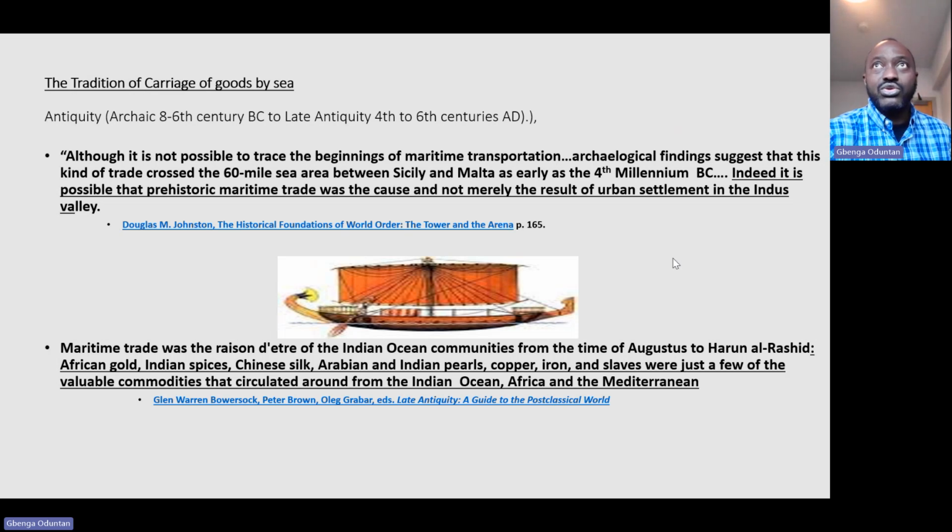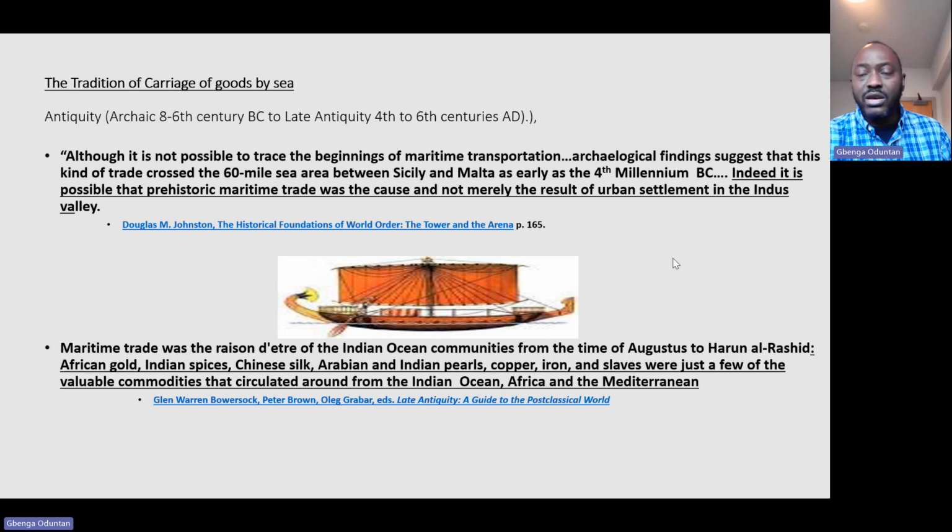Mankind has been trading with far-flung territories, and the easiest way to move loads of goods, heavy equipment, and plenty of people between two places would be by carriage of goods over maritime territories.